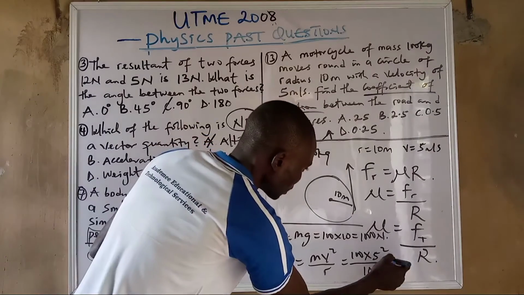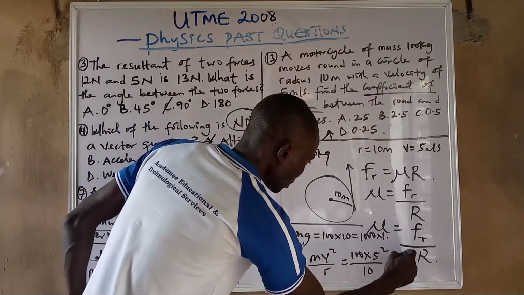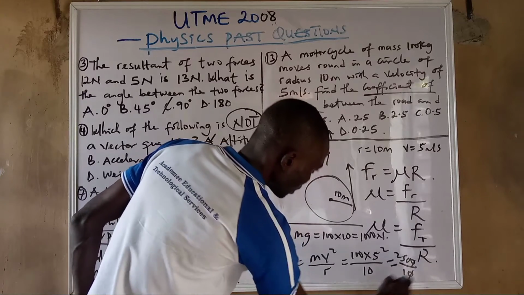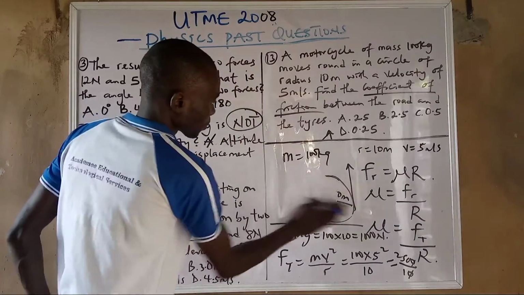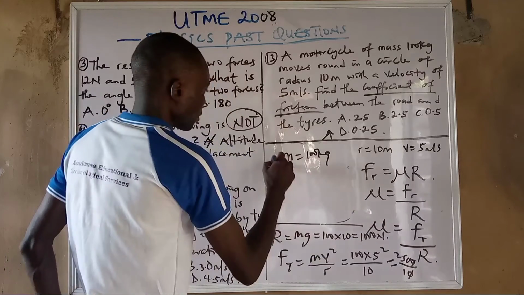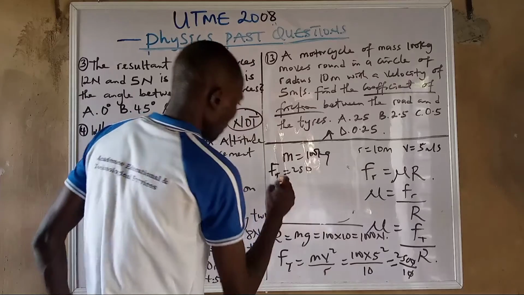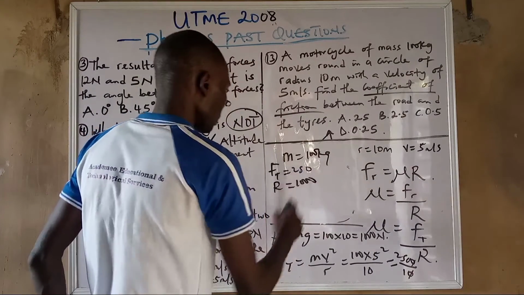Let's now get the answer to this. This will be 25 times 100, that's 2500 over 10, then we are having 250. So putting it together, our centripetal force is 250, our normal reaction is 1000.